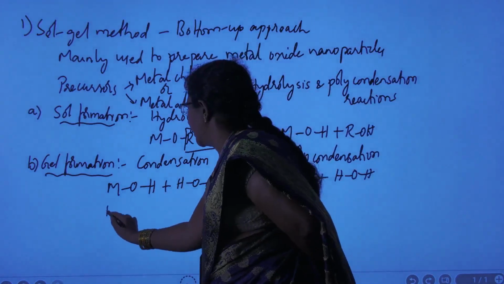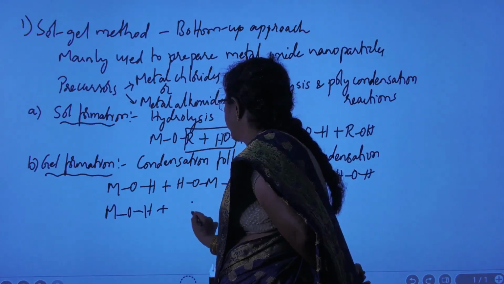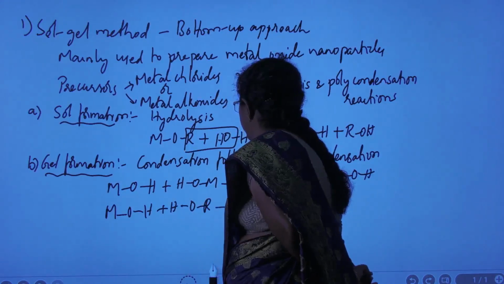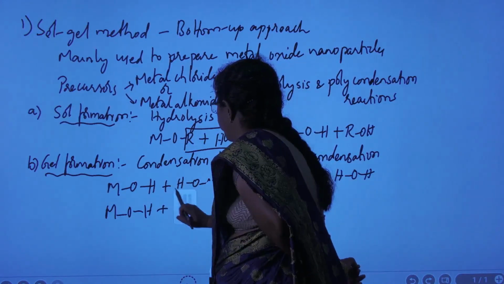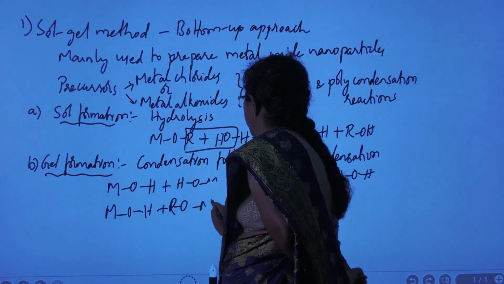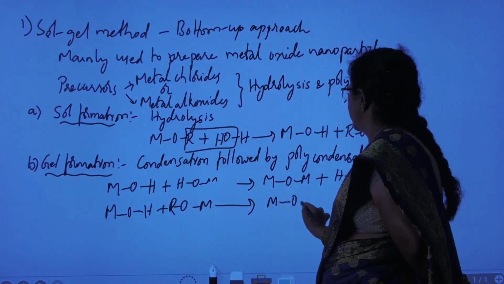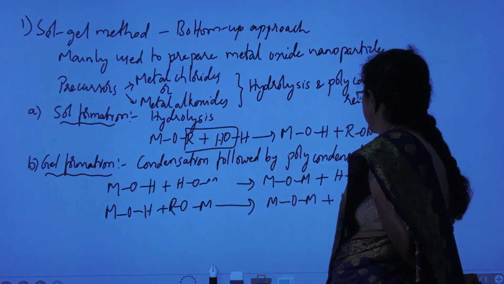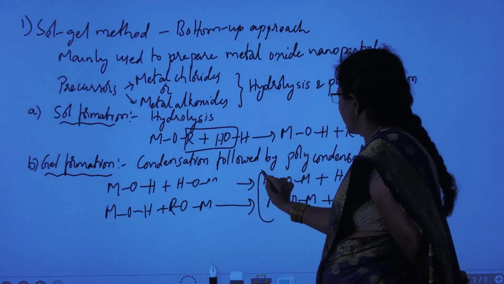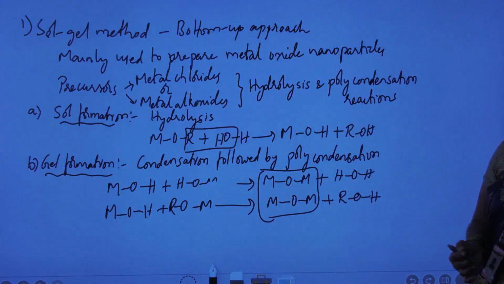And during alcohol condensation, alcohol will be formed. So these metal oxo compounds undergo condensation reactions and form the gel.